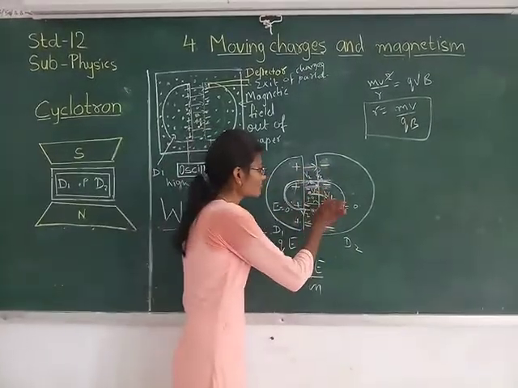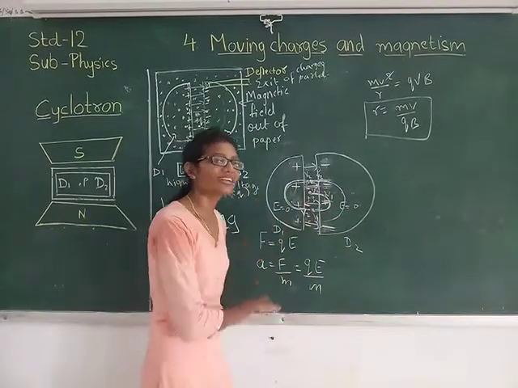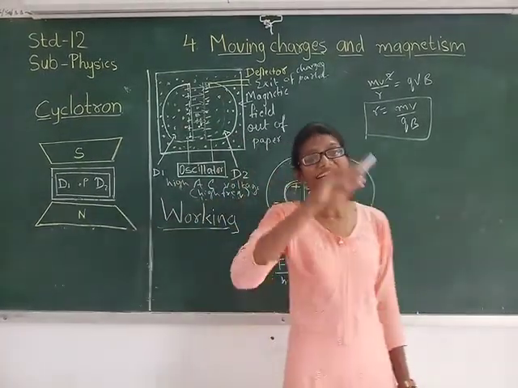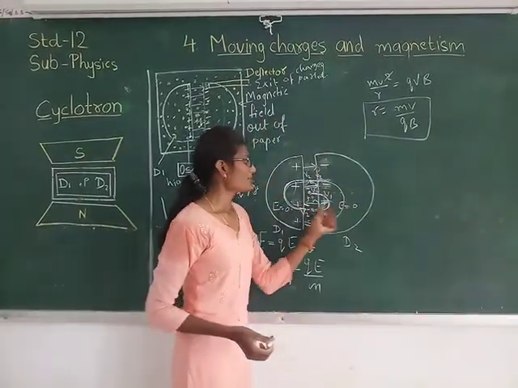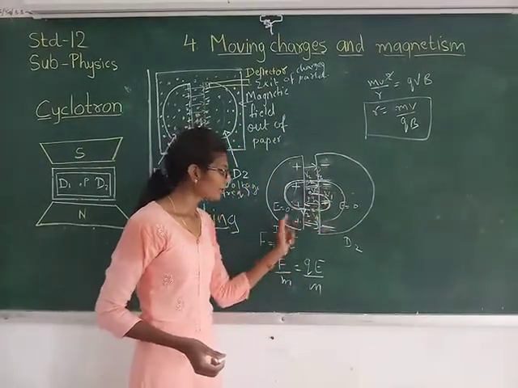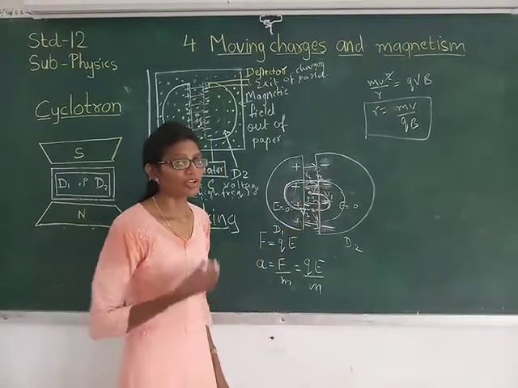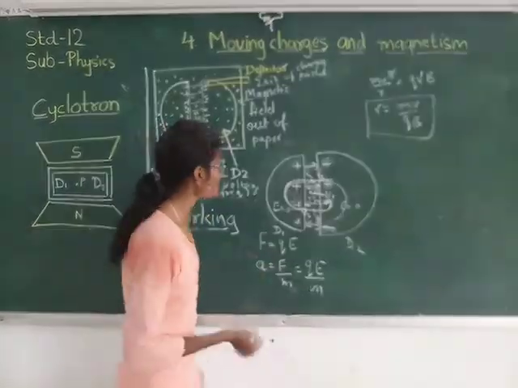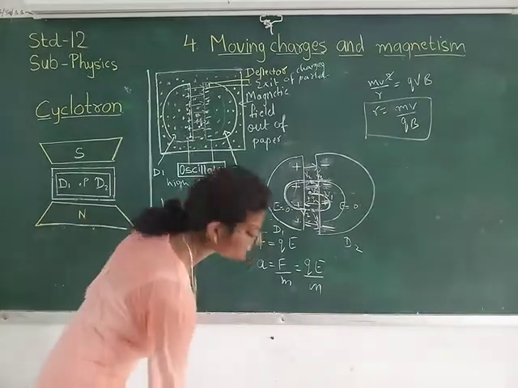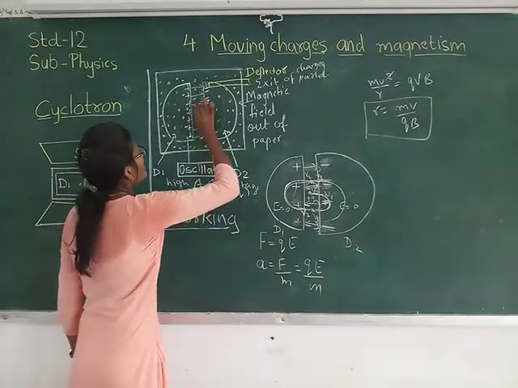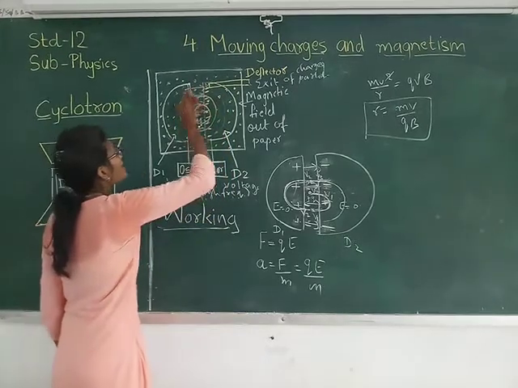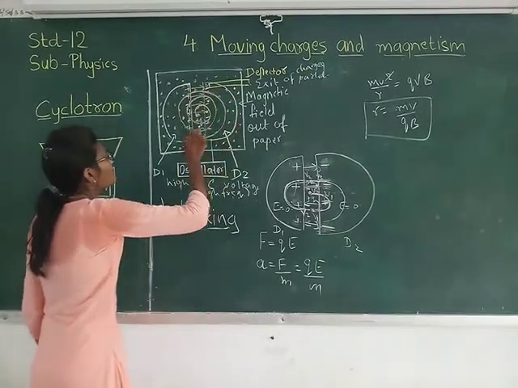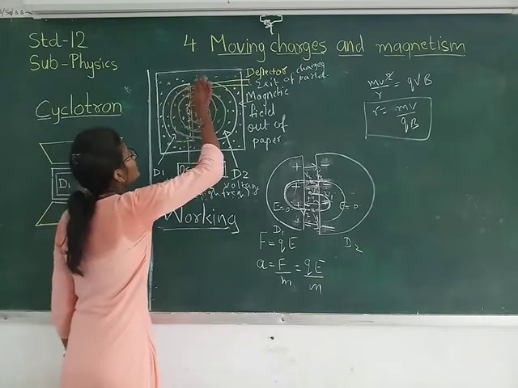And every time it moves from one D to another D, the radius increases, because every time it moves, its velocity keeps on increasing, so its radius increases. So it moves in a spiral path like this from one D to another.